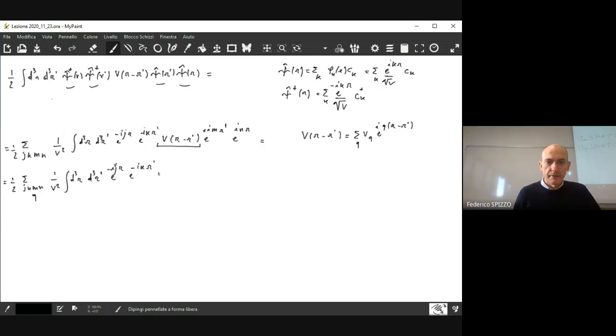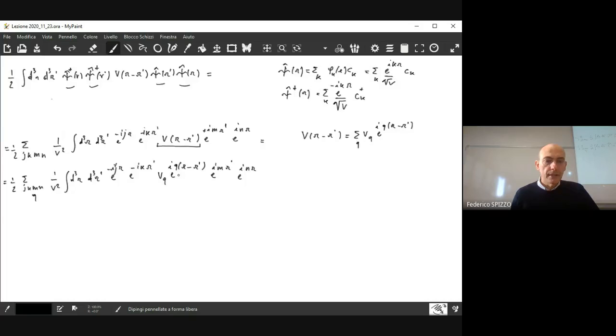Then we have V of q, e to the I, q, r minus r prime, then e to the I, m, r prime, e to the I, n, r. At this point, we have a total number of 6 phases, because we have 2 here, and if we split into 2 parts this exponential here, we have an additional number of 2 phases.